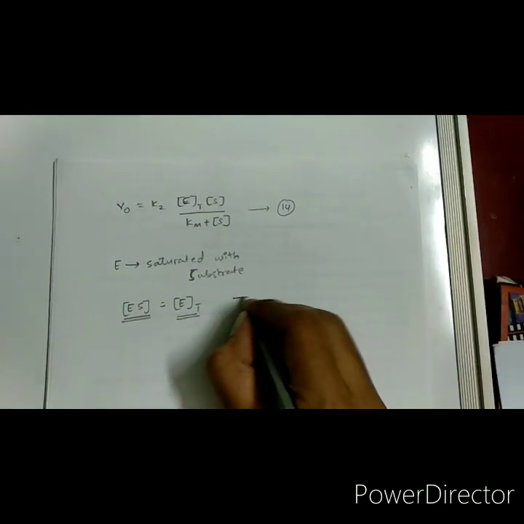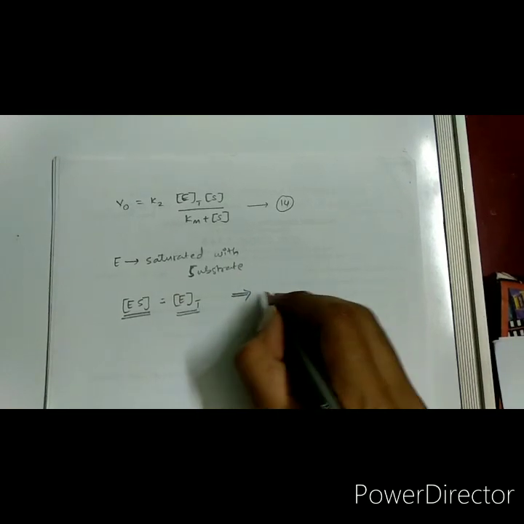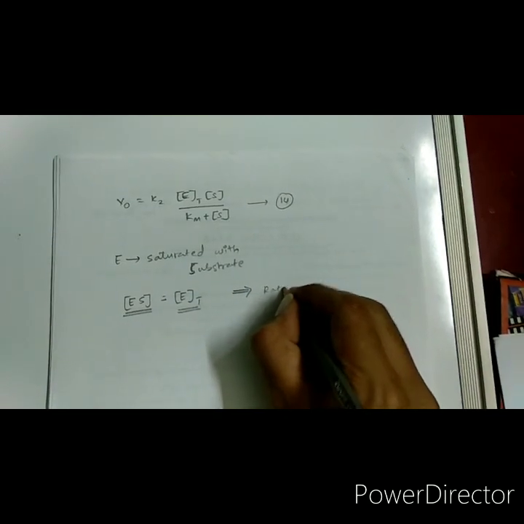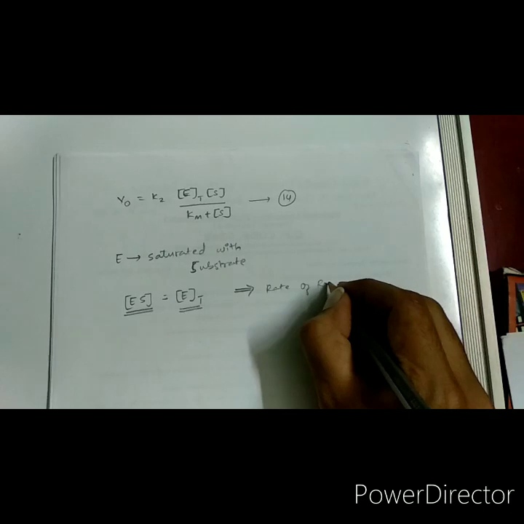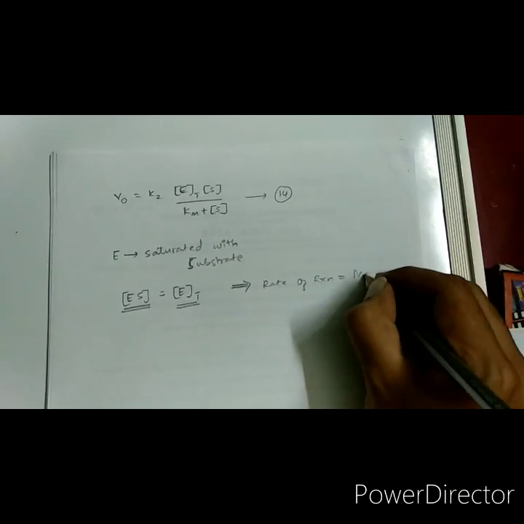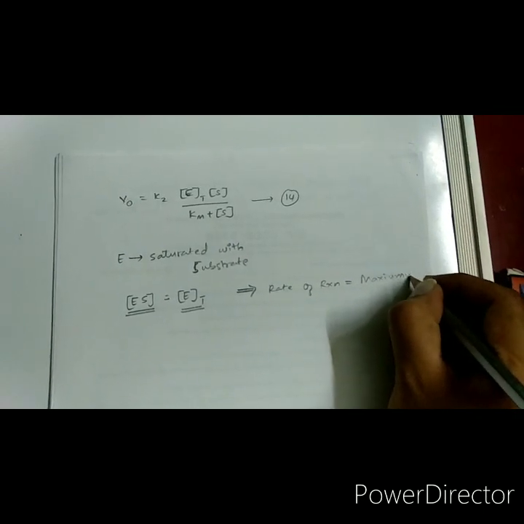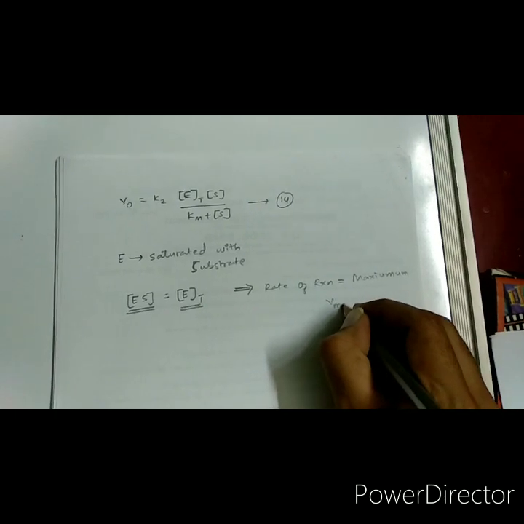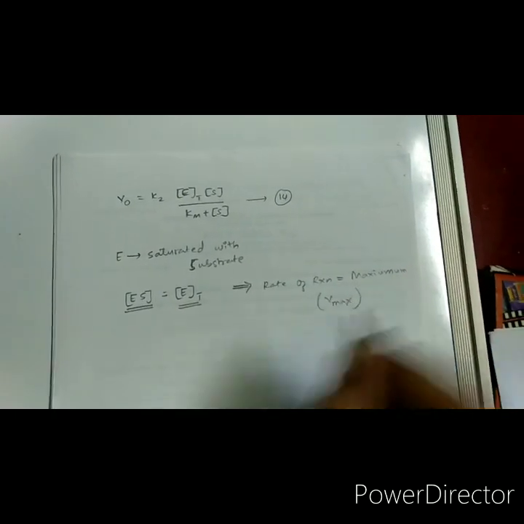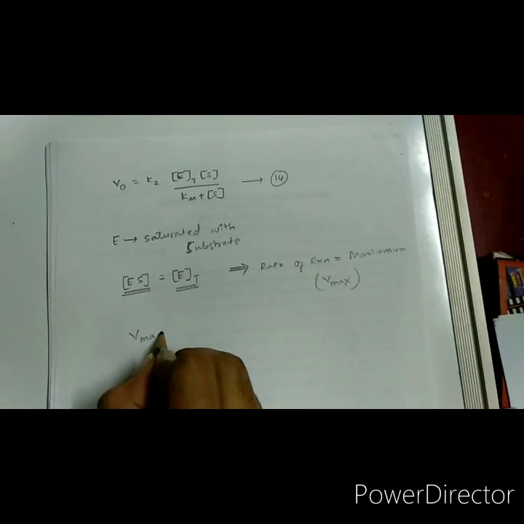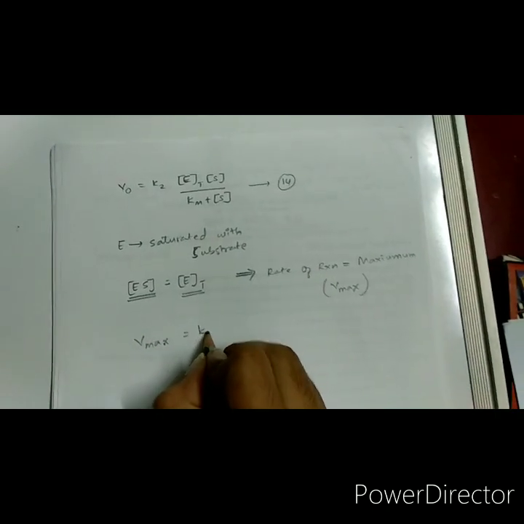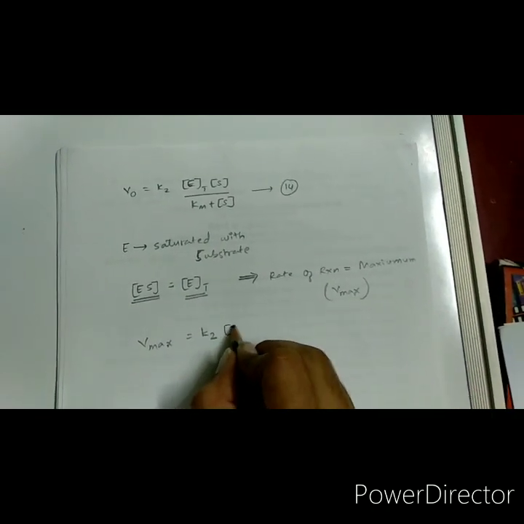Under such conditions, the rate of reaction will be maximum, that is Vmax. So this Vmax will now be equal to K2 into Et.